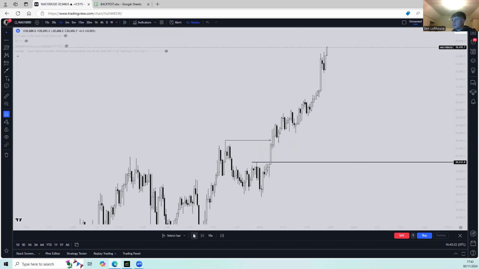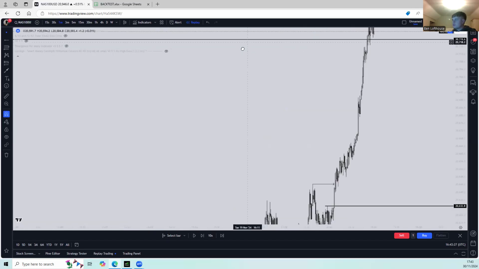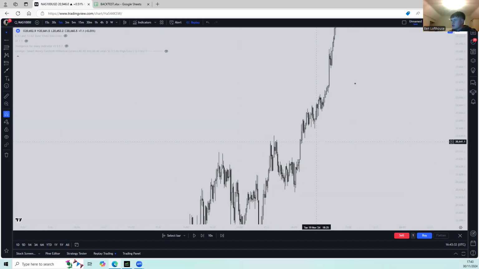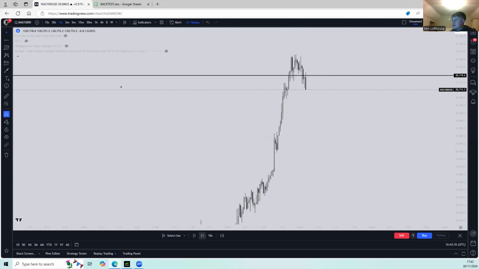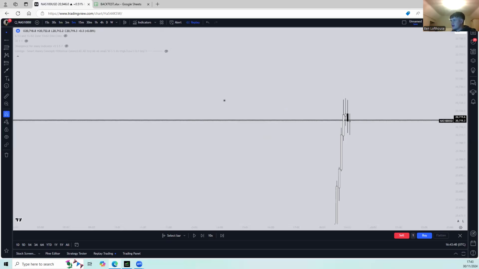Pushed on through. So we've reached that daily IPA point. No trade to be taken as of yet. Let's see if we can get a 5 minute candle here. Oh, look at that shooting star.